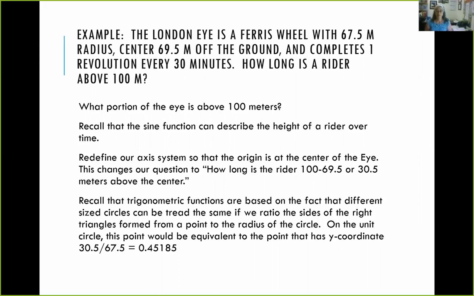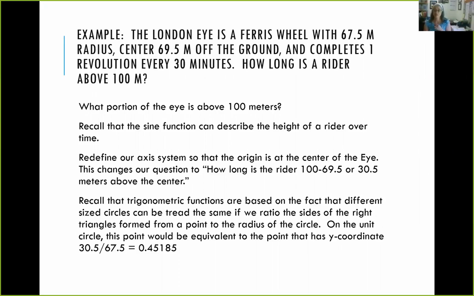Okay, so what we need to remember is that we can use the sine function to describe the height of a rider over time. And we could go through and figure out the vertical shift, but realistically, since we're just trying to solve the time question, it's easier to redefine our axis system so that the center of the eye is the origin.